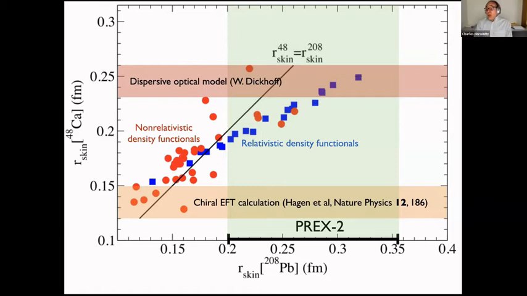So P-REX1 has about 10% of the statistics of P-REX2. And so the experimental collaboration went ahead and combined the two, since they're consistent, in order to get a slightly smaller total error.